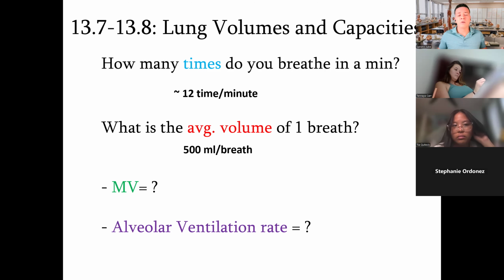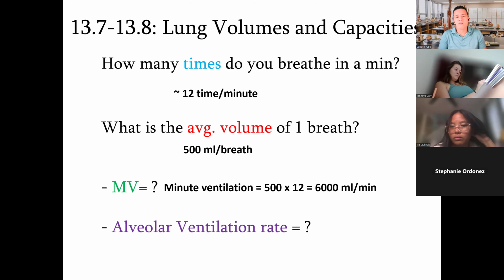Let's say when I inhale, I am going to take on average 500 mLs of air inside of my lungs with a single breath. If I multiply 12 by 500, I get what we call the minute ventilation. And a minute ventilation is about 6,000 mLs of air per minute.